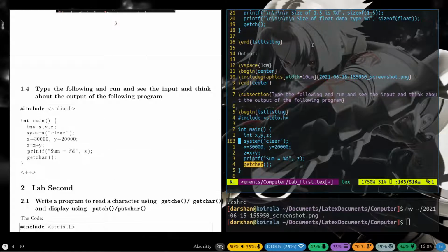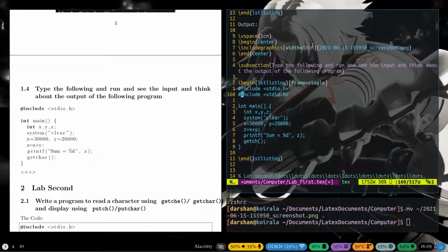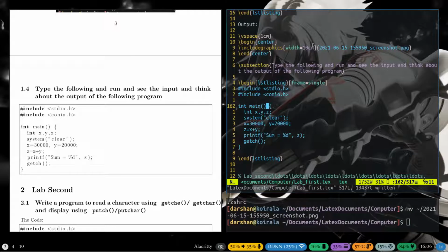Basically here, same is single. Okay, getchar. This should be getch. Right, I think int main is not to be used here.